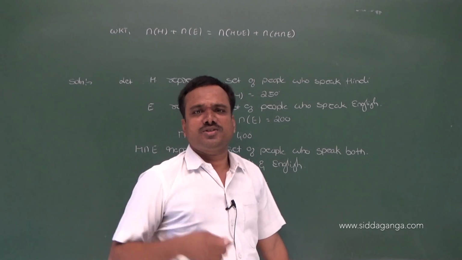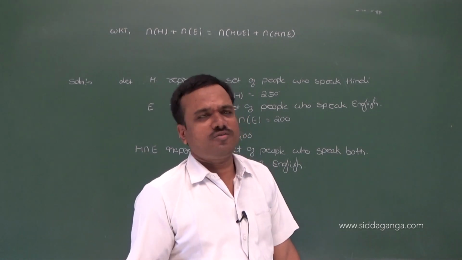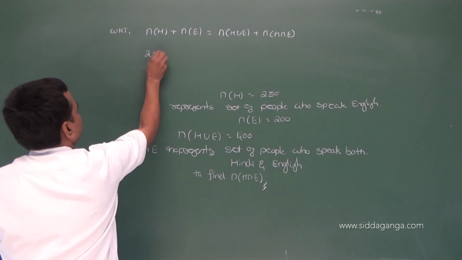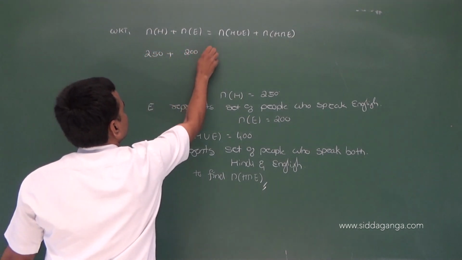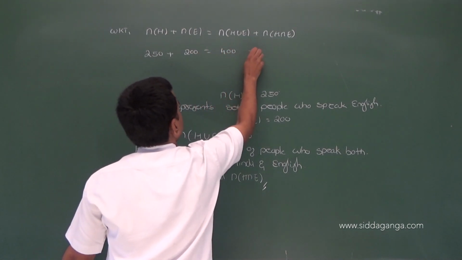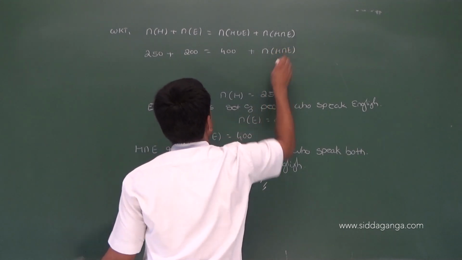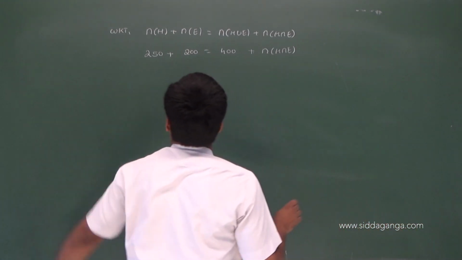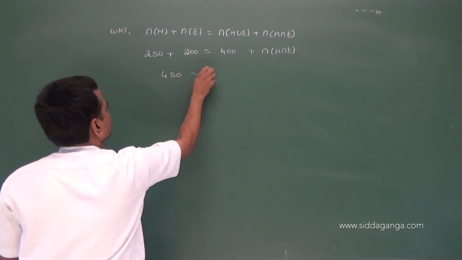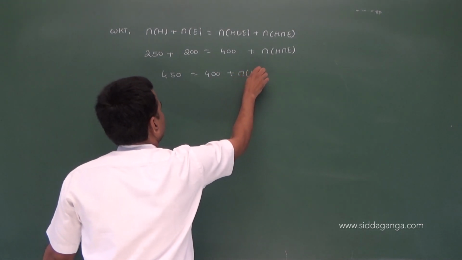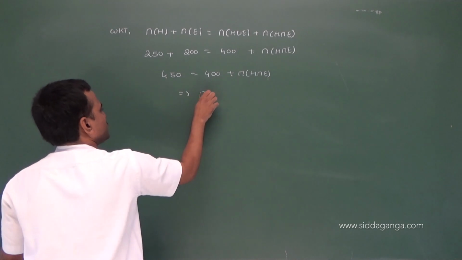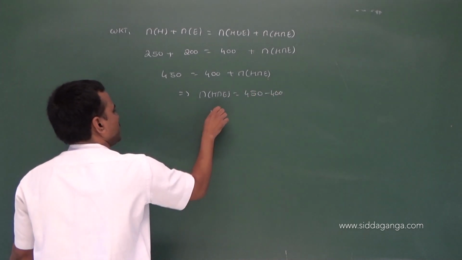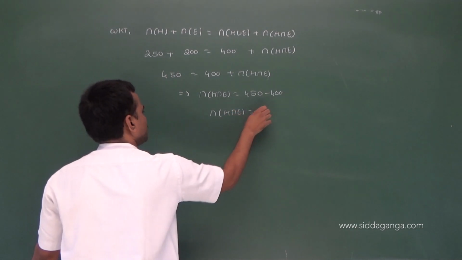So N of A plus N of B is equal to N of A union B plus N of A intersection B. Then substitute all the values. 250 plus 200 equals 400 plus N of H intersection E. So 450 equals 400 plus N of H intersection E. That implies N of H intersection E is 450 minus 400, which is 50.